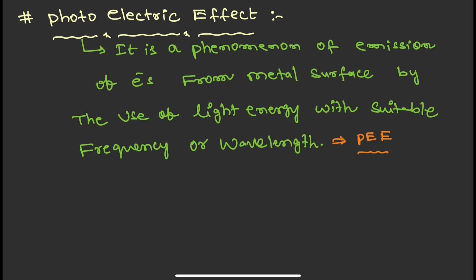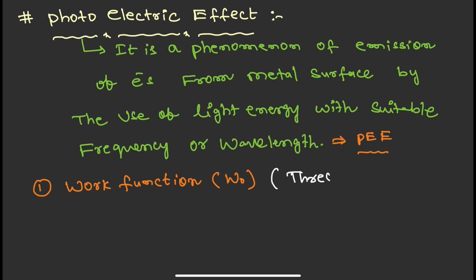This is based on the very first condition about work function or threshold energy, which we already completed. The terms we need to use here: the first one is work function, W naught, which is known as threshold energy, and the second one is threshold frequency.